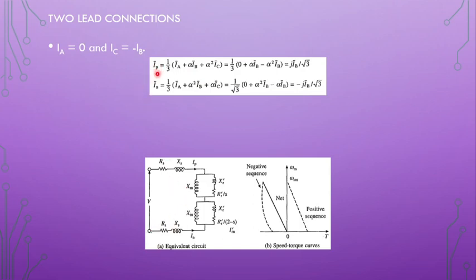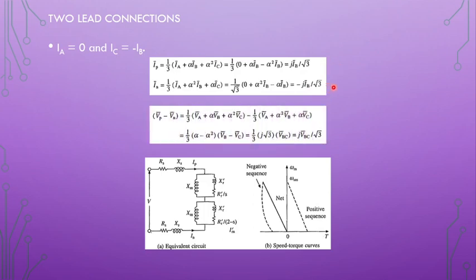The positive sequence and negative sequence vector currents mainly depend on the current in phase B. So the positive sequence current is 90 degree phase divided by root 3 of phase B current, and the negative sequence is opposite to the positive sequence component. So these are the values of the currents of the positive and negative sequence.